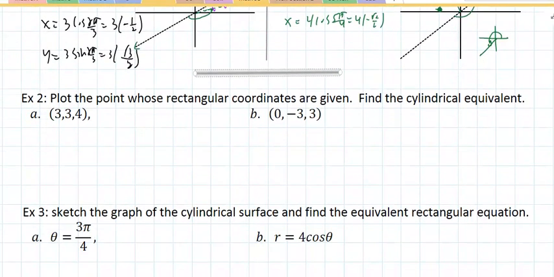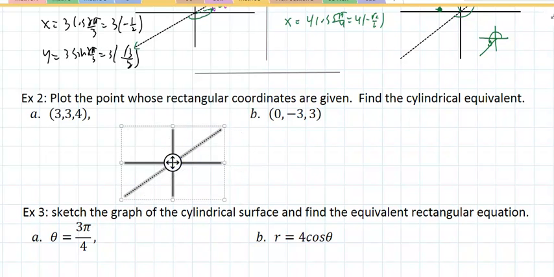And given a point in rectangular coordinates, so if I am to move 3, 3, 4, I'm right there. Well, z is the same as 4. Z doesn't change, but instead of x and y, I want r and theta.